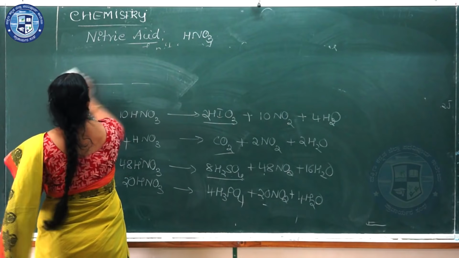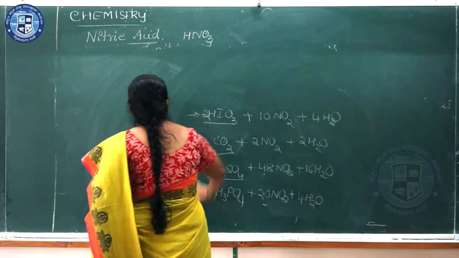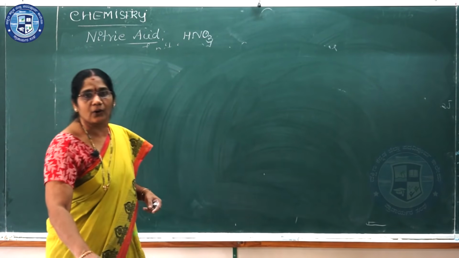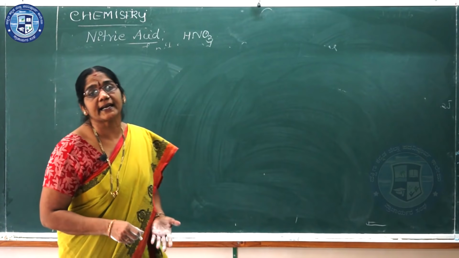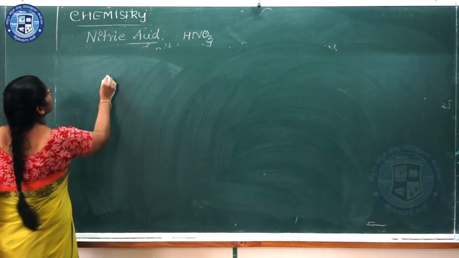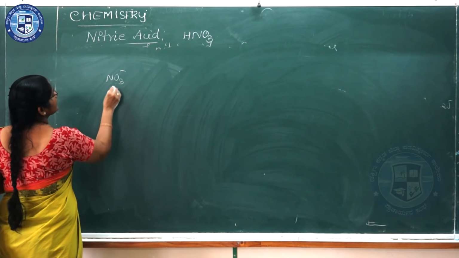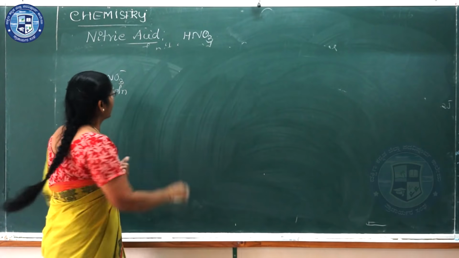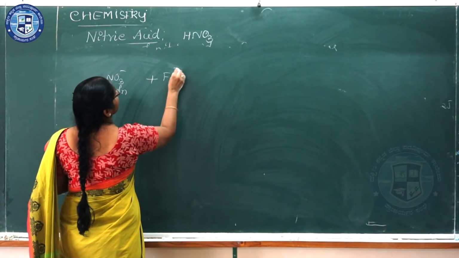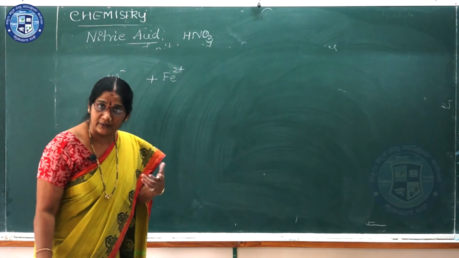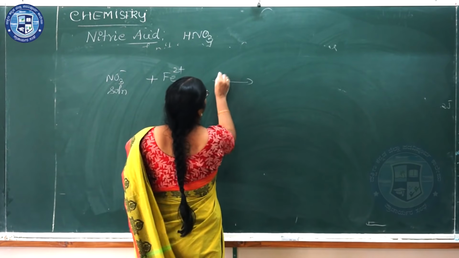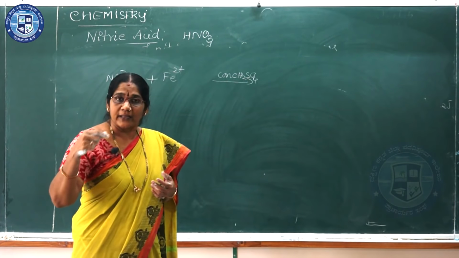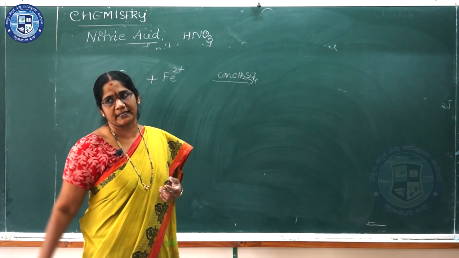So next we will see the brown ring test, if you remember, which you have conducted for the confirmation of nitrate radical in the laboratory. The salt solution containing nitrate is prepared, which is then mixed with freshly prepared ferrous sulfate solution, to which we add concentrated sulfuric acid very carefully through the sides of the test tube.